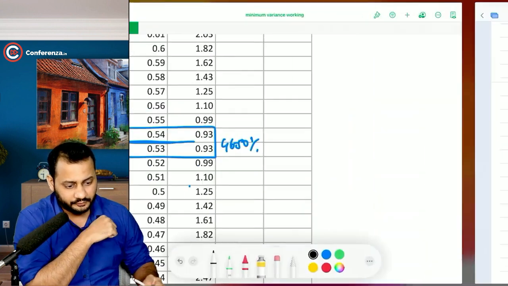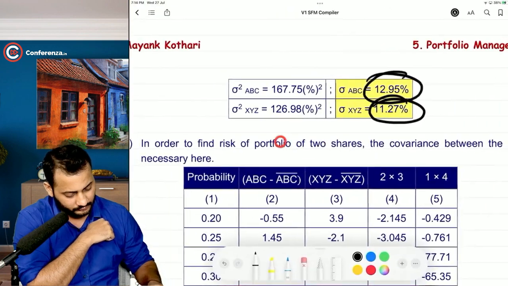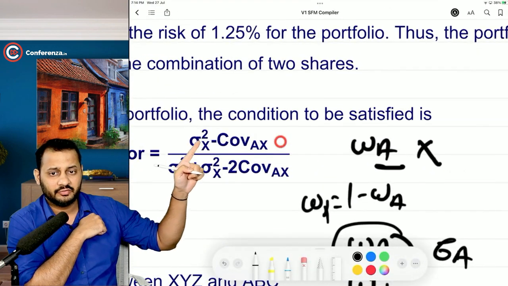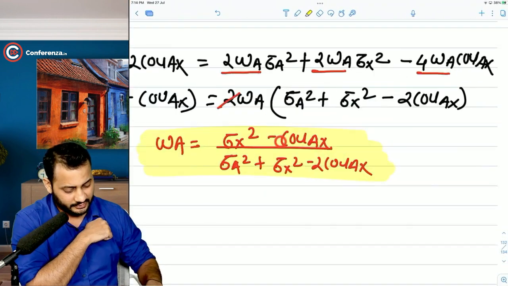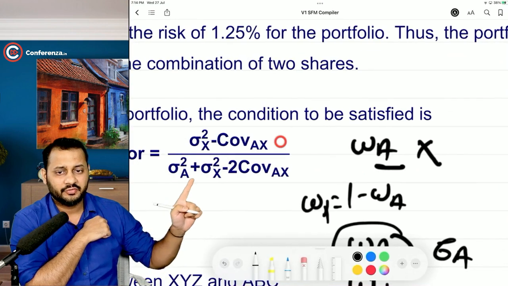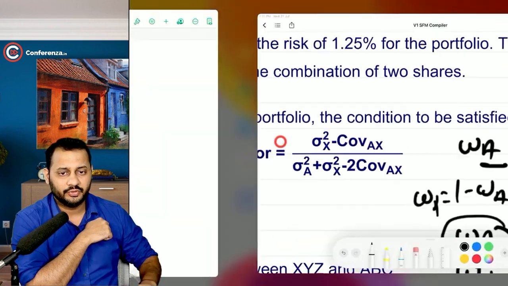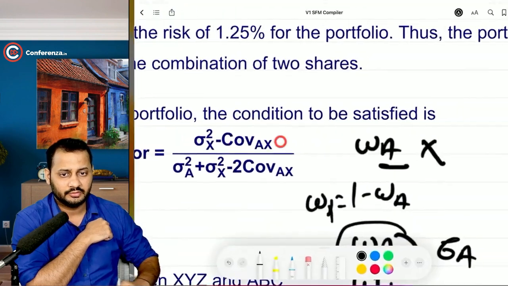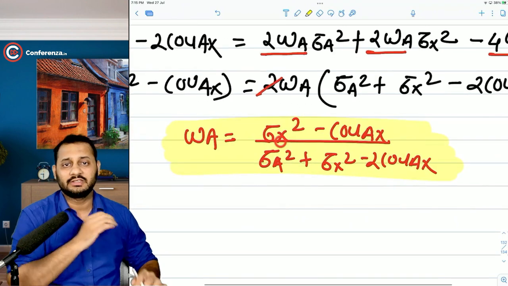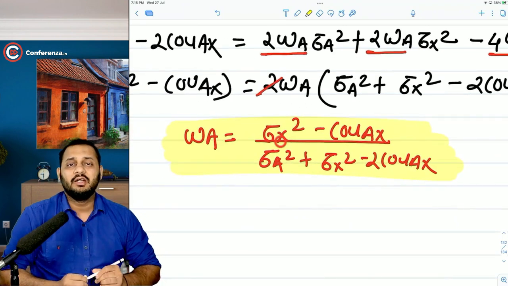See, weight of A is equal to standard deviation of x square minus covariance of AX, then standard deviation of A square plus standard deviation of x square minus 2 into covariance of AX. This is how this formula is derived.